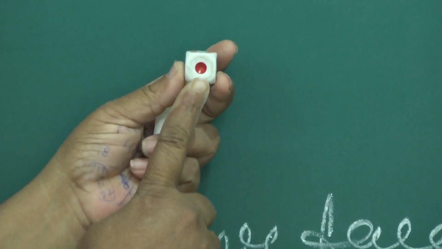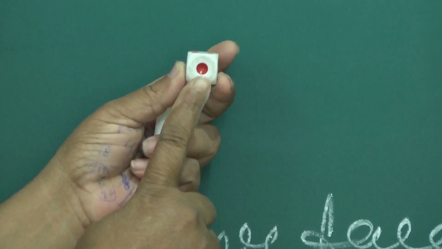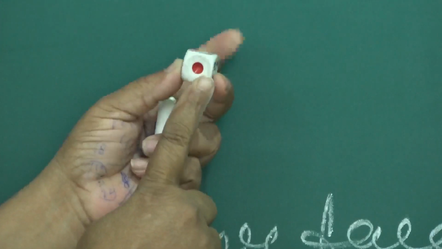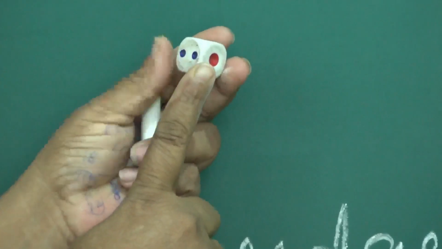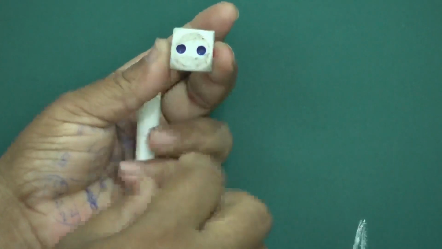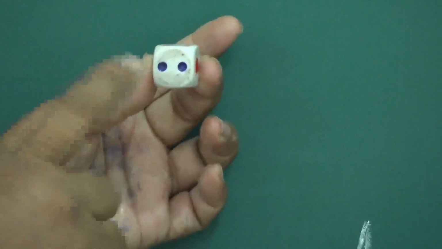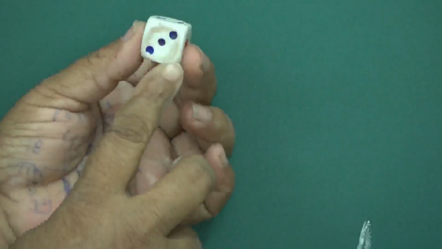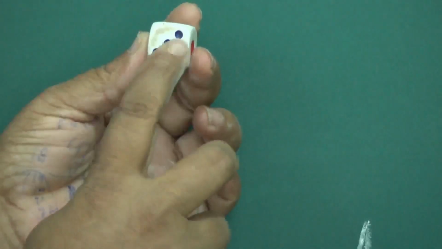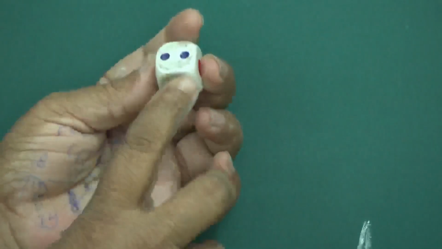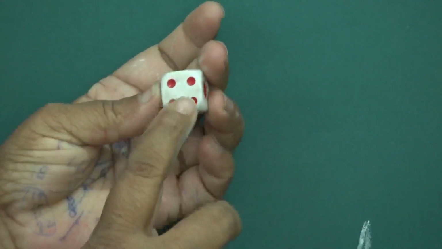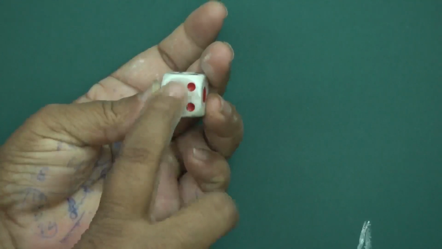This is one face of the die where there is one dot. Then you can see another face, there are 2 dots. Then you can see the third face where there are 3 dots. Then the fourth face, there are 4 dots.